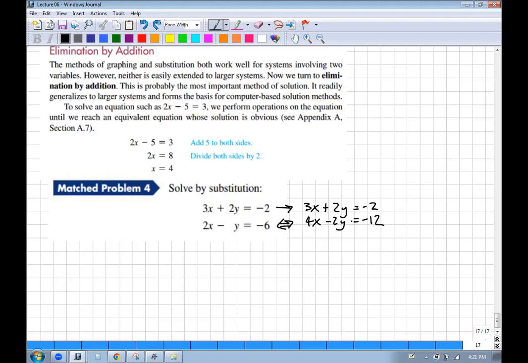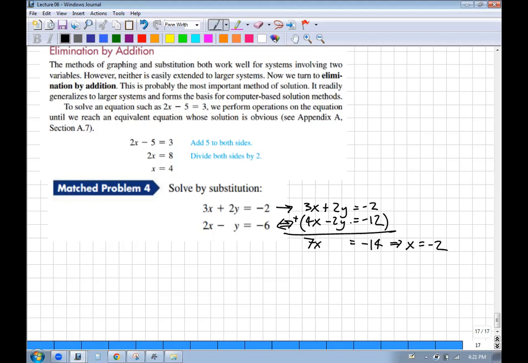Now that doesn't help yet, but what I can do is I'm going to add these equations together. It's not an X, it's a plus sign. If I add these, and the reason why I multiplied everything by 2 was so that this would match up. That way, when I add these, I'm going to get 7x. Those cancel out, and then I get a minus 14. Okay? So you can see right away that x is minus 2.